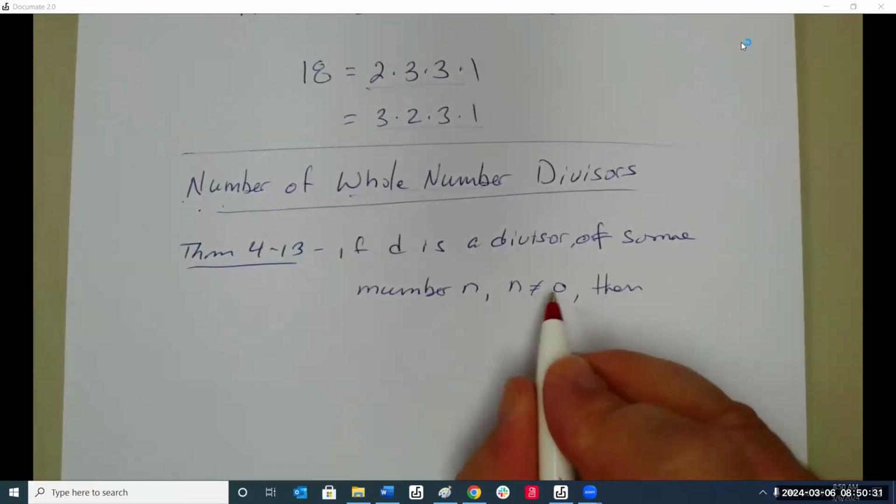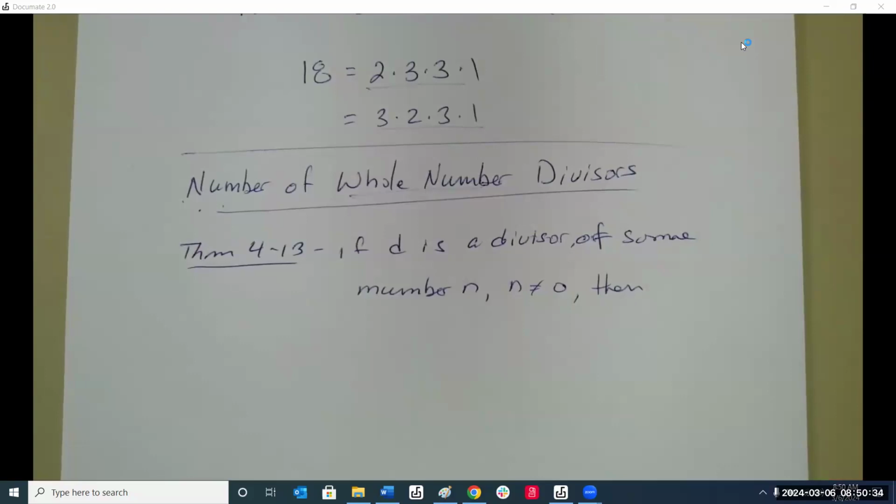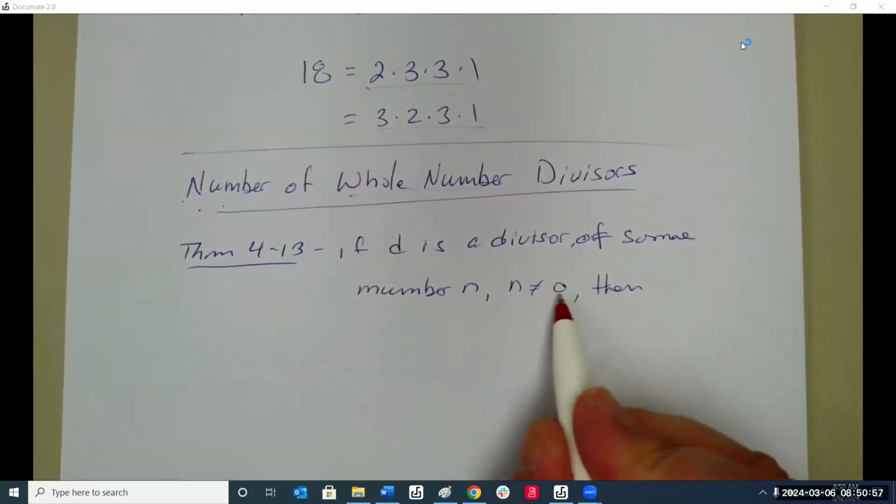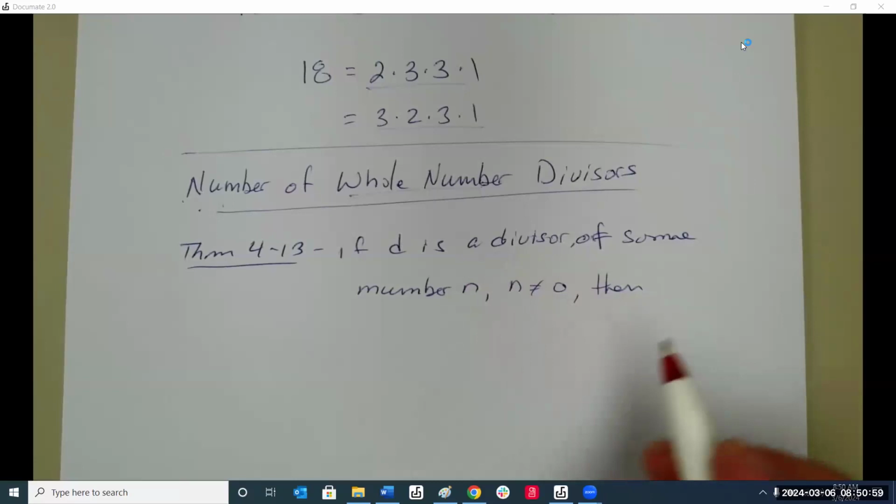Why is that an important concept? If d is a divisor of some number n, where n is not equal to 0, why is that important? If 0 is on top, what's the answer going to be no matter what? It's always going to be 0. So it doesn't matter what the divisors are. So we're saying that n is anything other than 0. It's a whole number, anything other than 0.